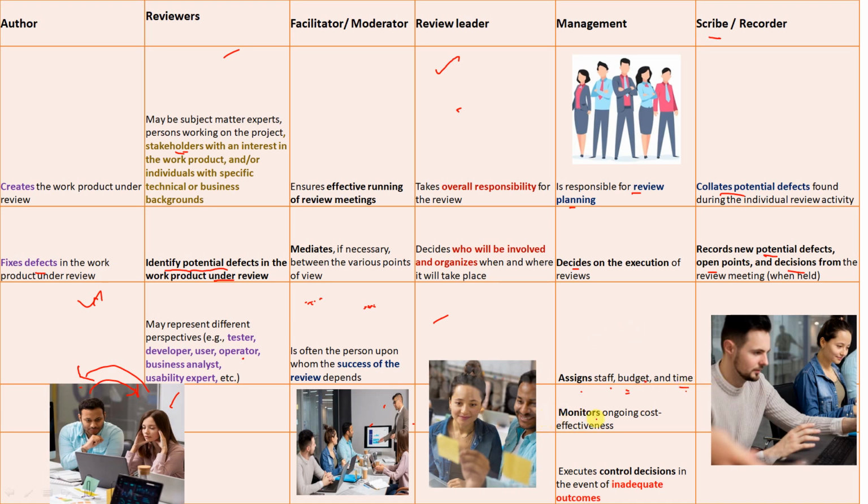Then management monitors ongoing cost effectiveness. For example, at the end of the project, say even for one or two days before delivery, they will not encourage you to have meetings or unnecessary discussions, because it will affect their cost effectiveness. At that time they may start to lay off people from the project, and maybe only two or three will remain.